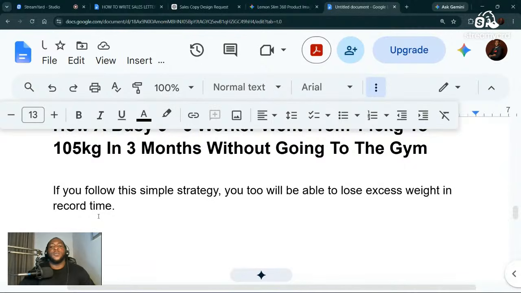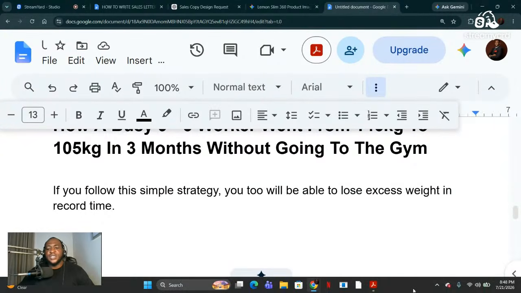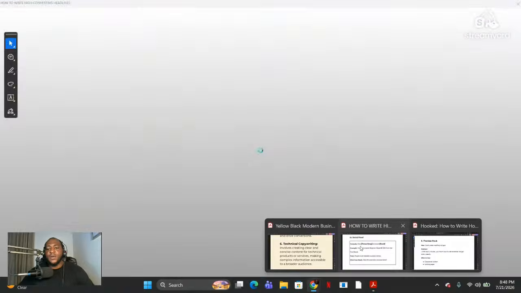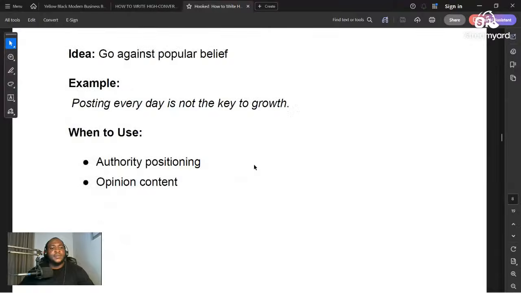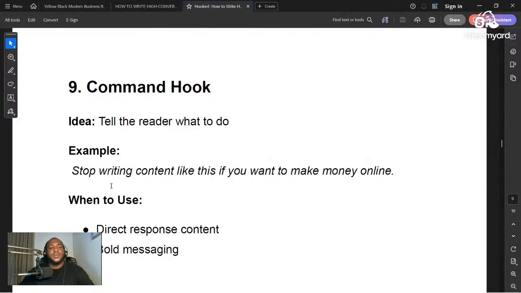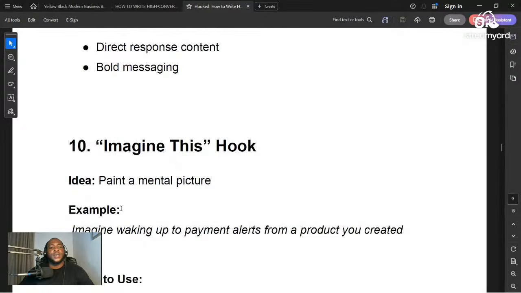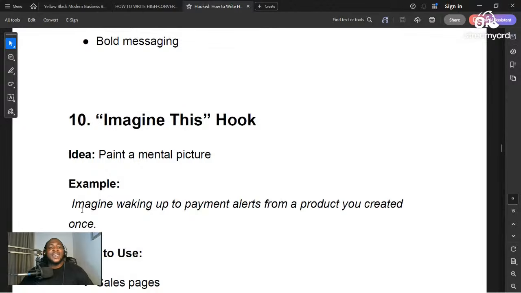Now we use the promise hook, and we can also add other kinds of hook types. So we've used the promise hook. Then we can now use the imagine hook. Imagine waking up in the morning and imagine this.